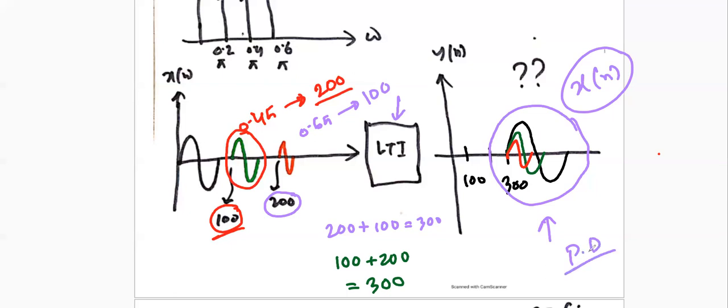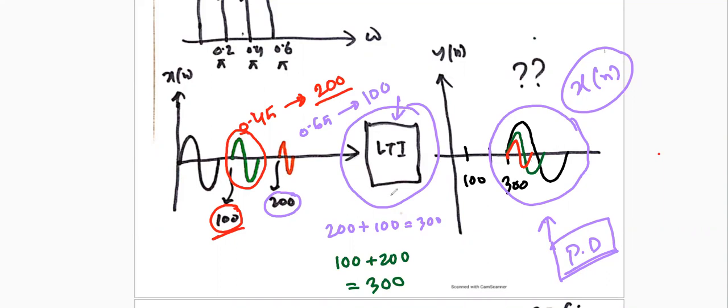Phase distortion, very important. What is phase distortion? Due to the shifting of the phase, due to the non-linearity of the filter, your signal might not be retrieved properly, and there is some noise, and this distortion is known as phase distortion.